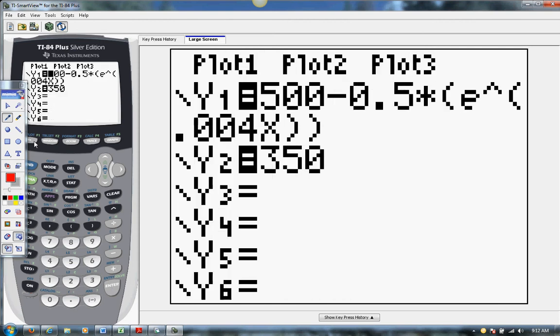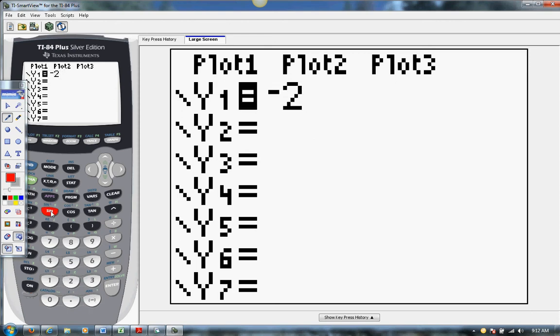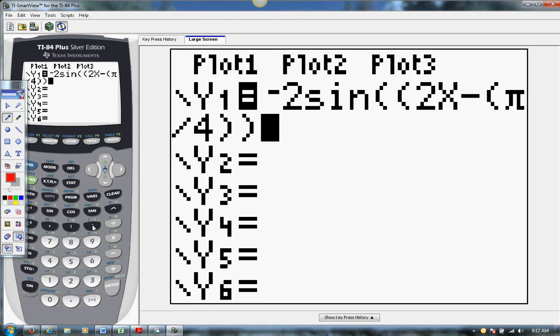Then you go to your y equals screen, make sure everything else is cleared out, and you put in the function that we had, which was -2 sine of 2x minus, and I'm going to put another parenthesis here, pi divided by 4, parentheses, parentheses. So there's my function. Do not press the graph button yet.